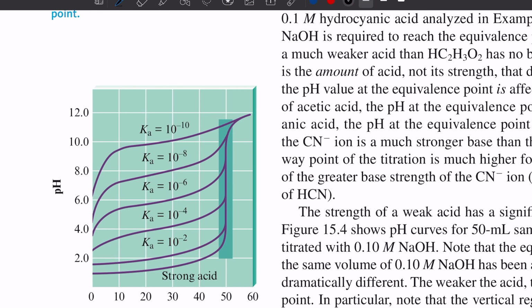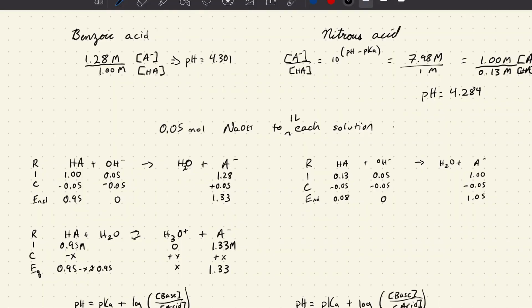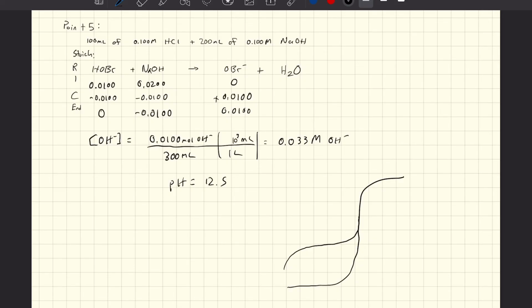Now, what we'll notice is that in this range here, okay, here's our buffer. Here's our buffered region, where we're adding a bunch of base to it, and the pH is basically not changing. And if you look at the middle of that curve, that's going to be where your pH equals your pKa.